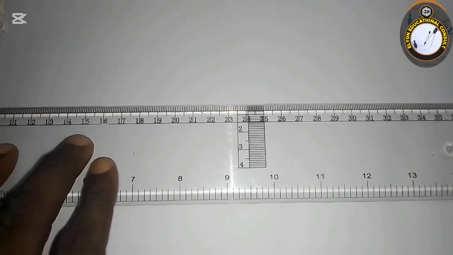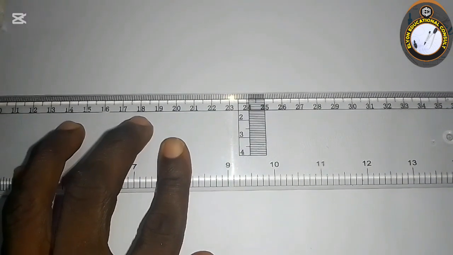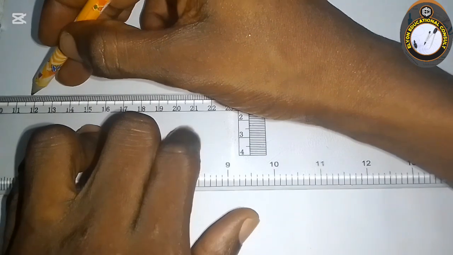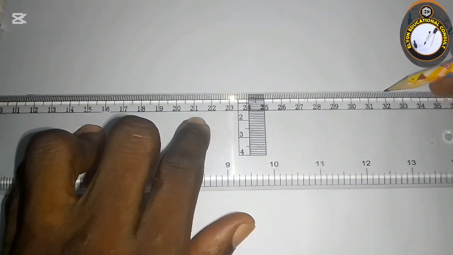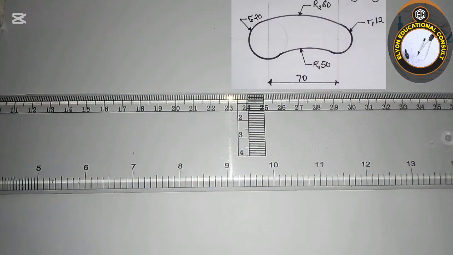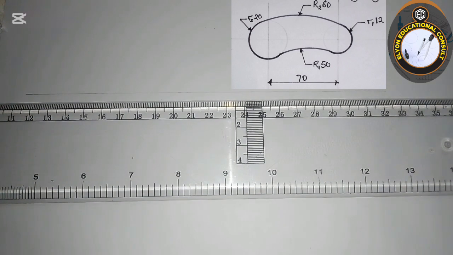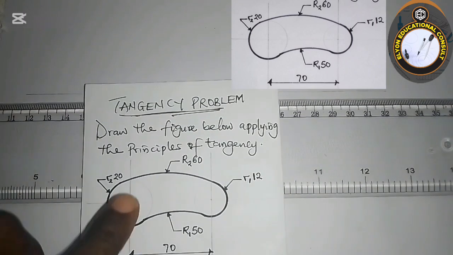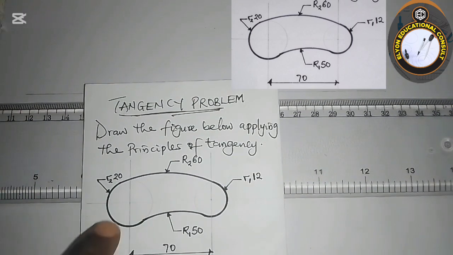Let me draw the center line for the two circles. Okay, we have this, and we are told that the radius for the bigger circle, as you can see on your screen, is 20. We have that here, radius 20 for this R2.